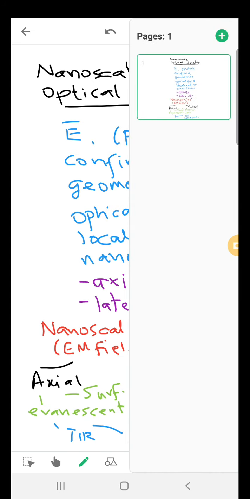The lateral localization has again two different configurations.